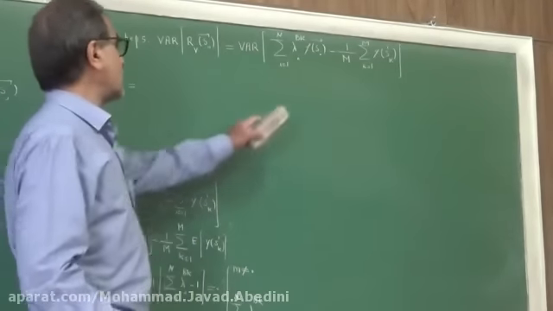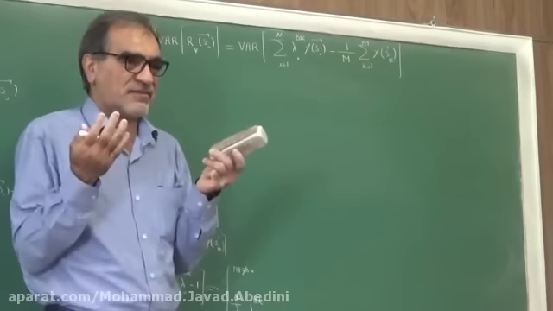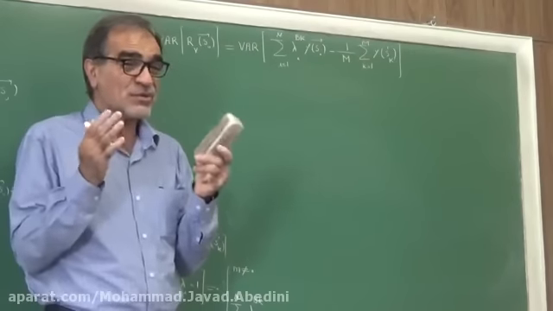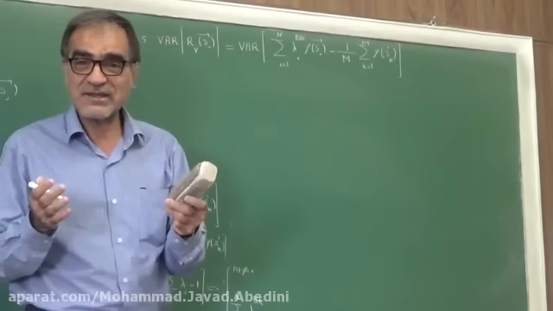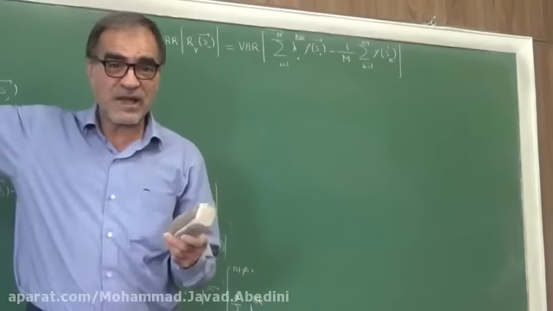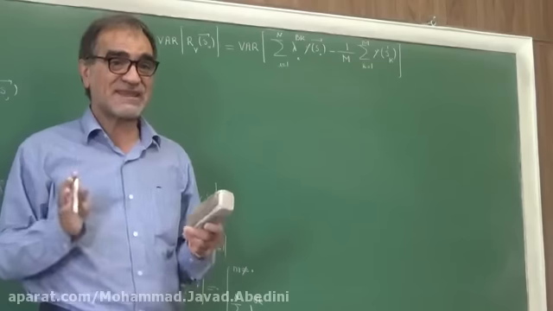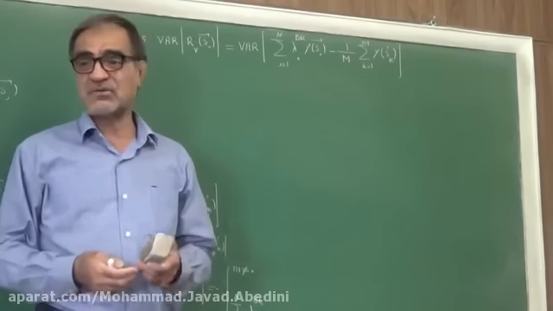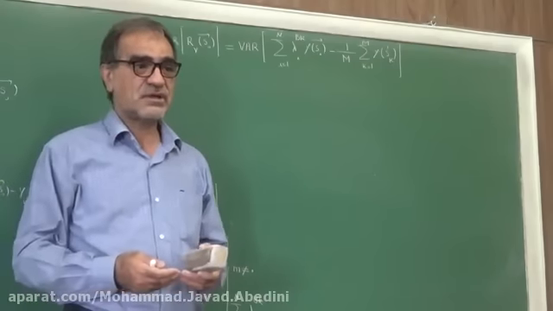When you want to compute the variance of this linear combination, you have to ask yourself, am I okay to express it in terms of covariance of what? If your parent random function is stationary, then you are okay to write it down in terms of covariance of what? Okay?